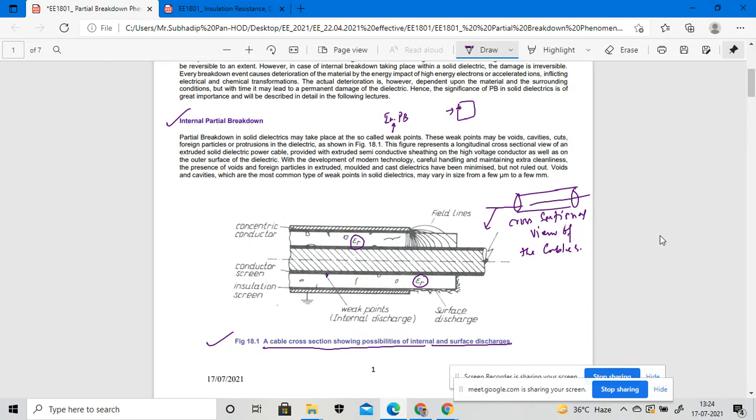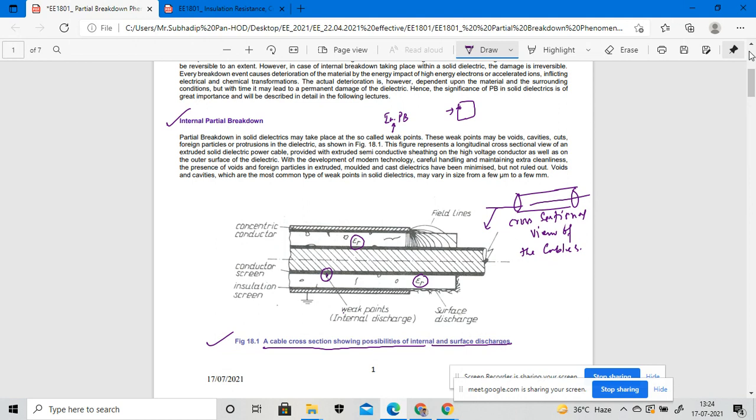So what happens is that some weak point will be generated on this part. Due to these voids or cavities, some weak point will be generated.